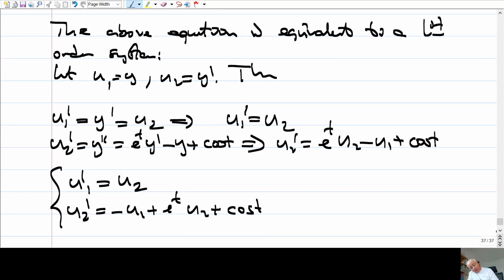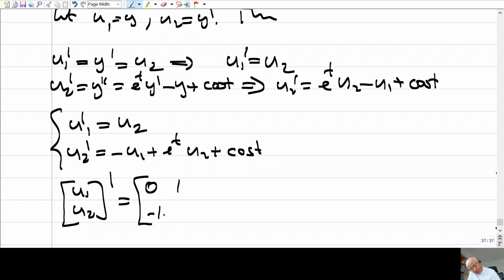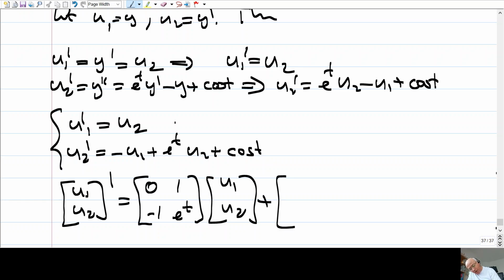If I write in matrix form, this will be something like this. (u1, u2) derivative is 0 times u1 plus 1 times u2, and so on, plus I have no non-derivative term, but here we have cosine t.